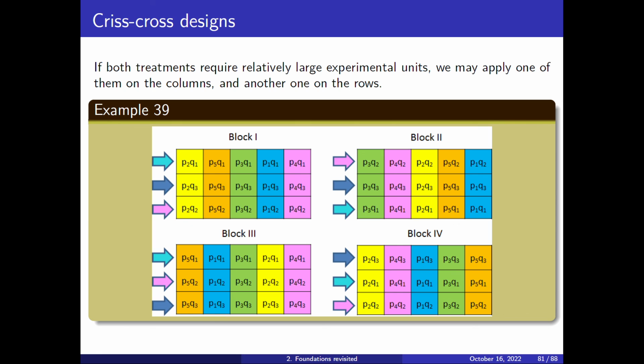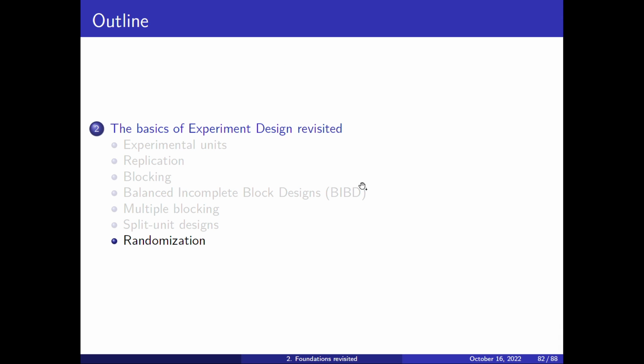So here in the columns we have all the time P2, P5, P3, and in the rows we have Q1 all the time, Q3 all the time, and then when you repeat it in multiple blocks, you somehow randomize the combination of factors. So this would be all for split unit designs, and see you in the next video.